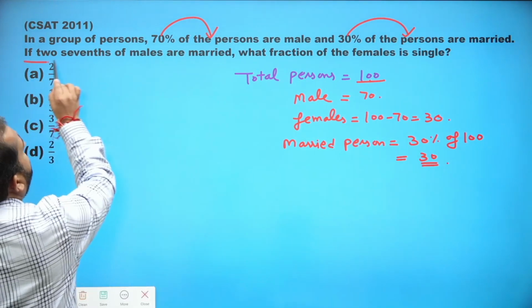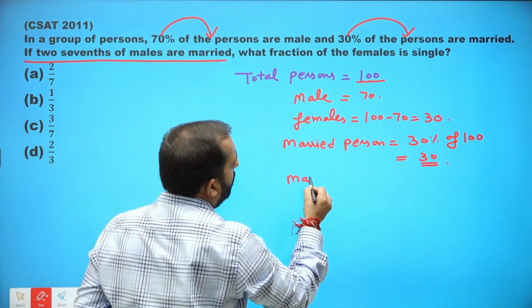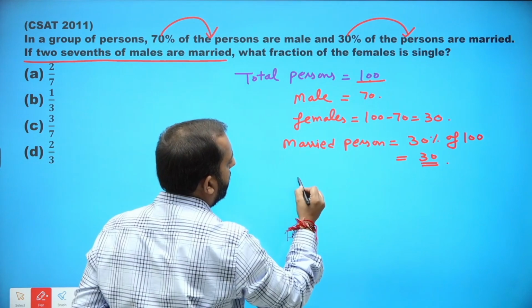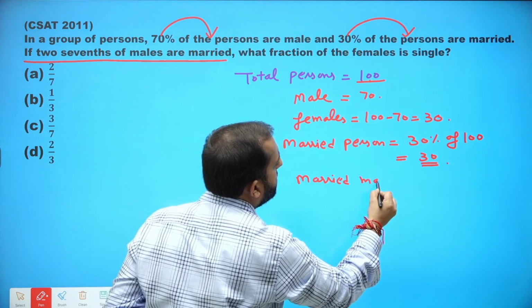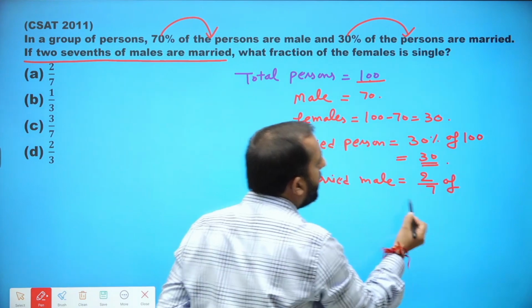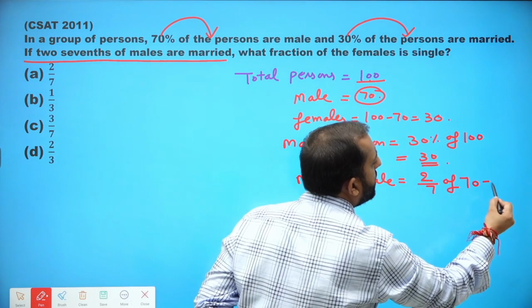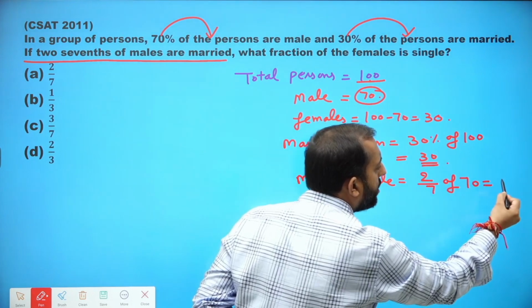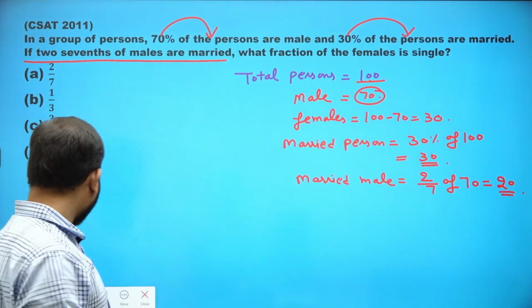If 2/7 of males are married, so let's talk about married males. It is given to us 2/7 of males. 70 males are there. 2/7 of males are married, meaning 20 males are married.